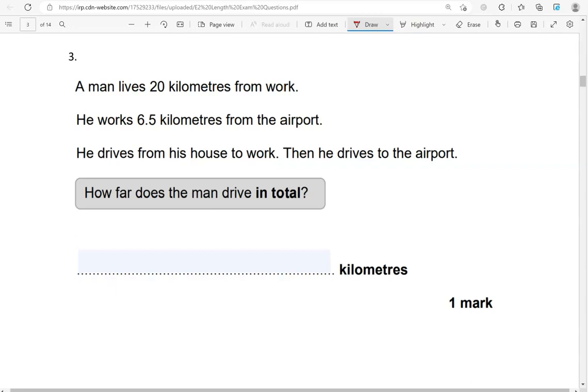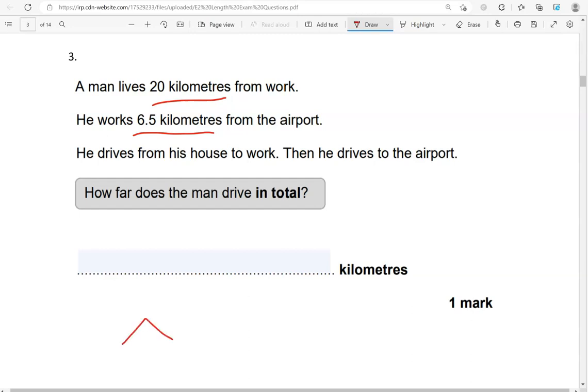A man lives 20 kilometers from work. He works 6.5 kilometers from the airport. He drives from his house to work, then he drives to the airport. How far does the man drive in total?